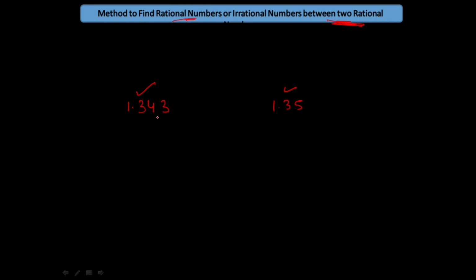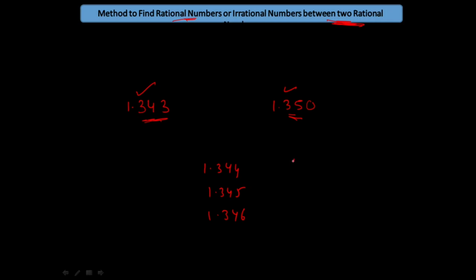These two are rational and I am supposed to find three more rational numbers in between these two. So this is 3 4, my dear. This is 3 5. I can put 0 by my own because this 0 doesn't have any value after 5. Now this is 343. This is 350. So I can write 1.344, 1.345, 1.346, 1.347 and many more.